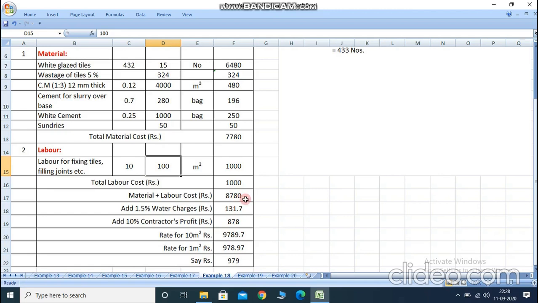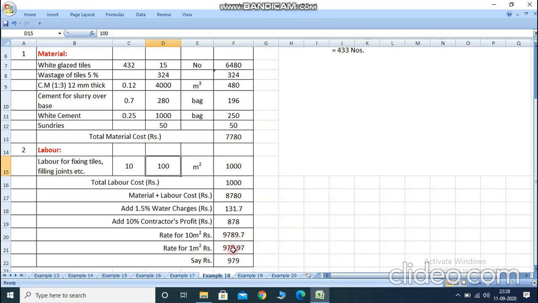Now the summation of 8780 plus 131.7 plus 878 gives a total 10 square meter rate of 9789.7 rupees. Now the per square meter rate is 9789.7 divided by 10, so we get 978.97 as the answer.